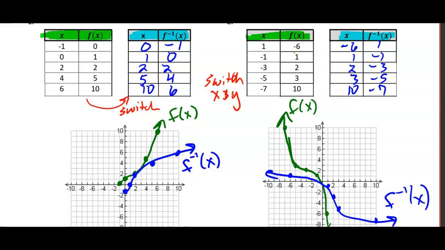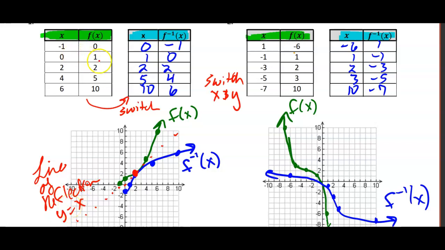So graphically, for your inverse, you've got a line of reflection, all right? And your line of reflection actually happens to be the y equals x line. So that's why right here your point is the same. So your line of reflection is y equals x. Okay?